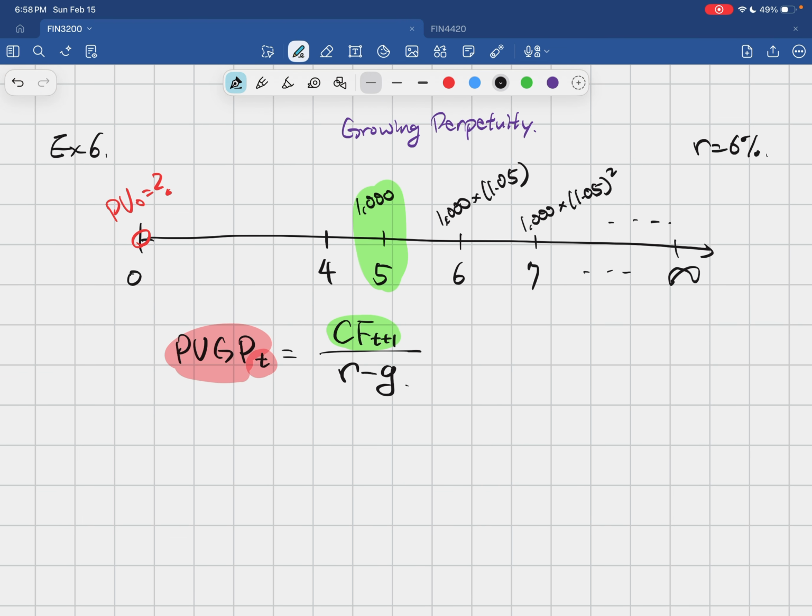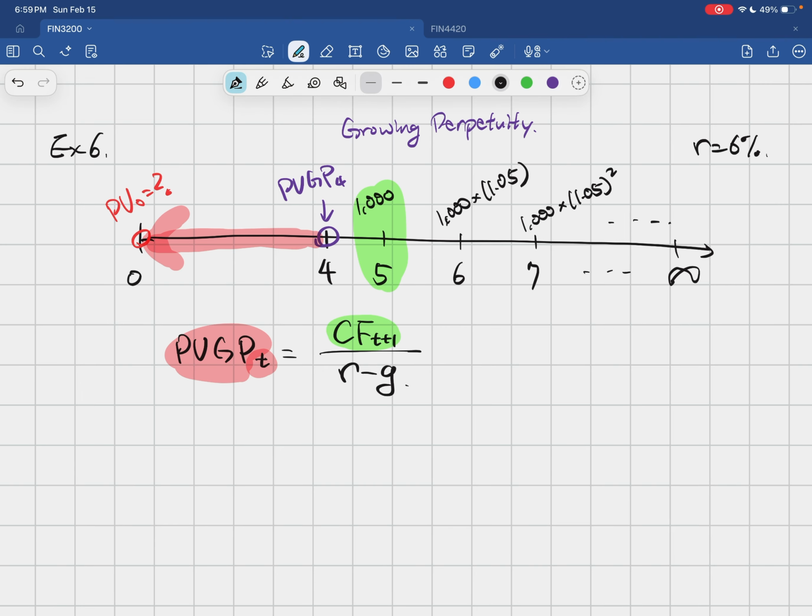Okay? So I'll just indicate that on the timeline. So whatever value that we get, it'll be expressed in time 4 dollars, which means there's going to be an additional step. Once you get this PVGP4, you're going to discount this back to time 0. Okay, that's the second step.